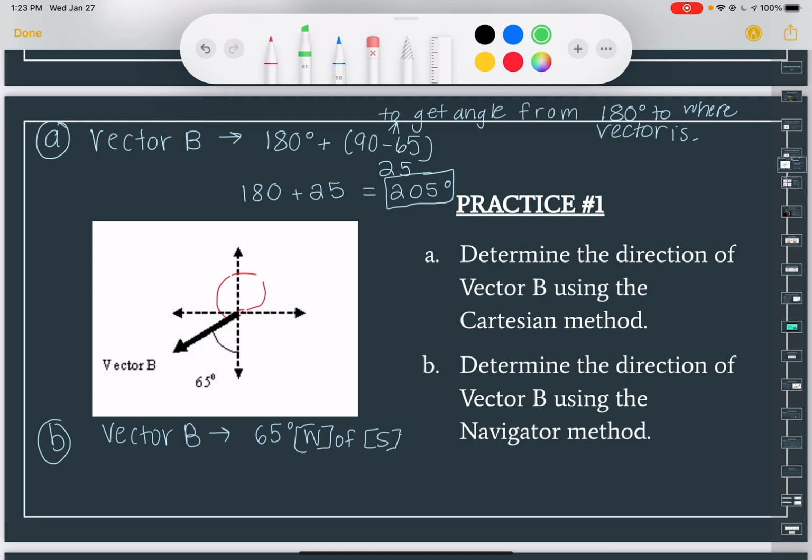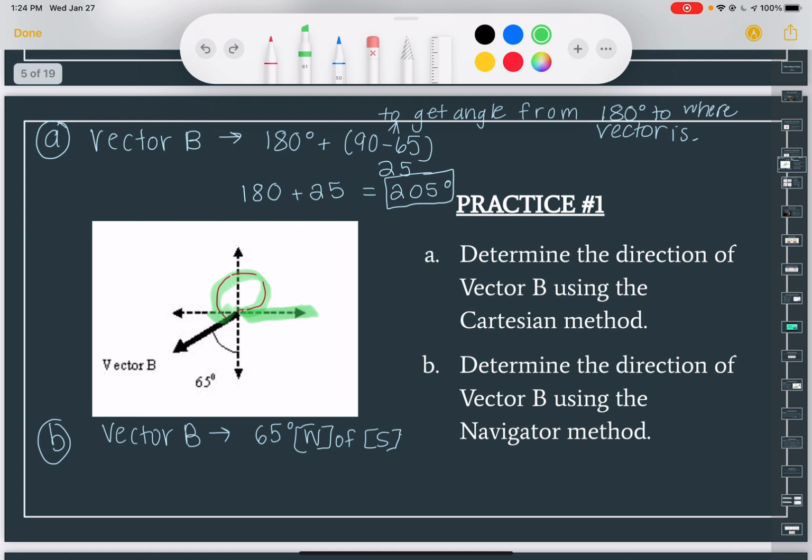If we look at vector B, the Cartesian method, remember, in my drawings here, we go from here all the way to it. So we go counterclockwise, and remember that this is 0. So we're going all the way over here to the line.